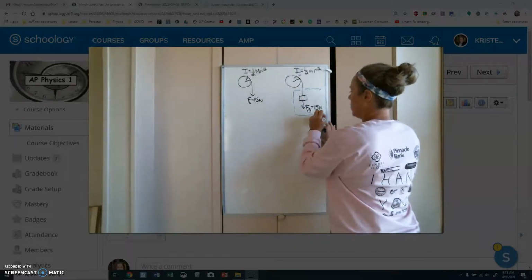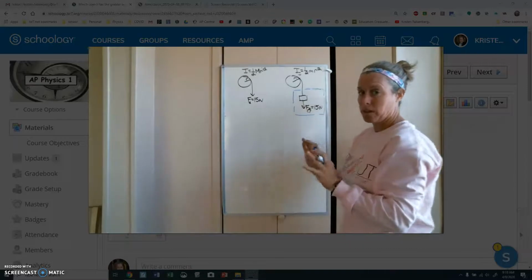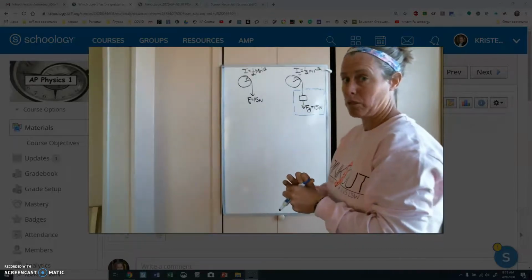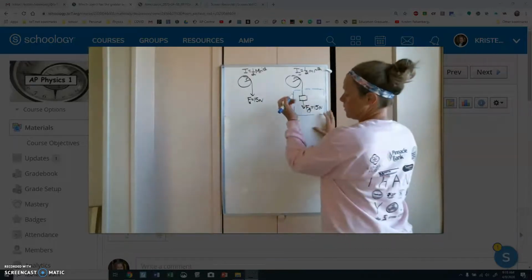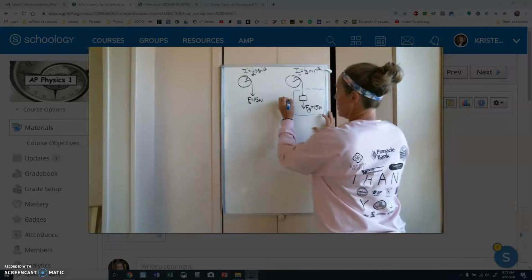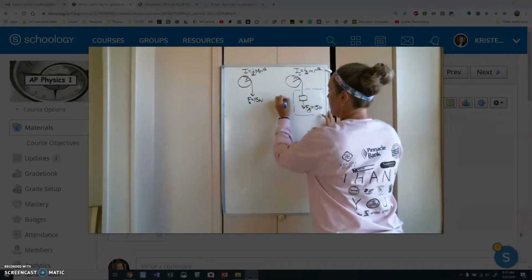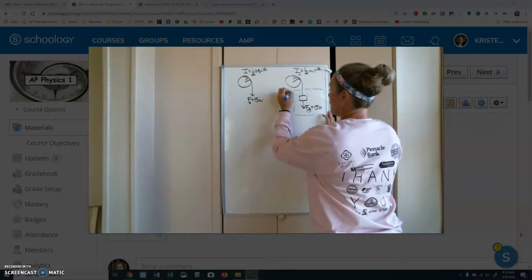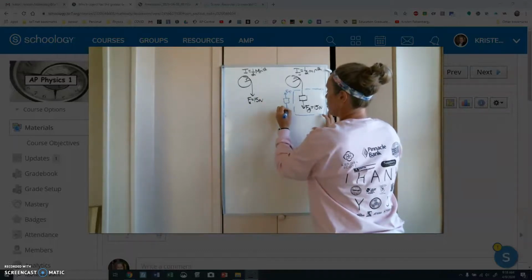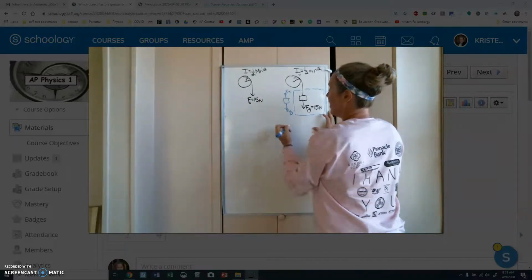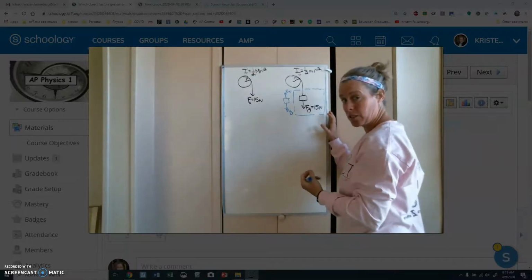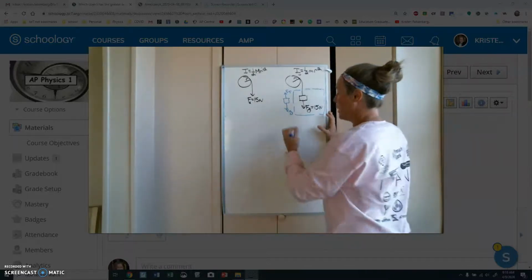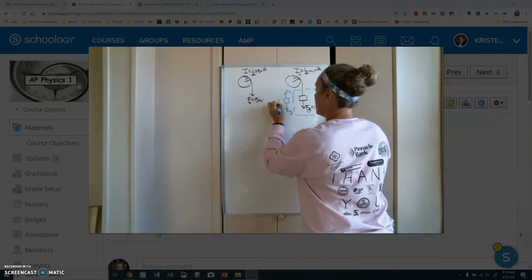I'll look at both parts numerically, but this is just conceptual, and then we'll do some math. If I do this, my free body diagram has a force of tension and a gravitational force. Is there translational acceleration? You betcha. And which way?